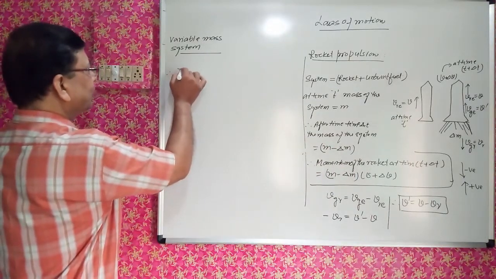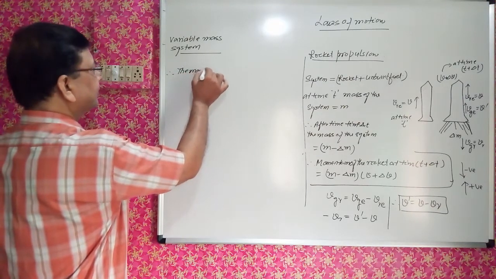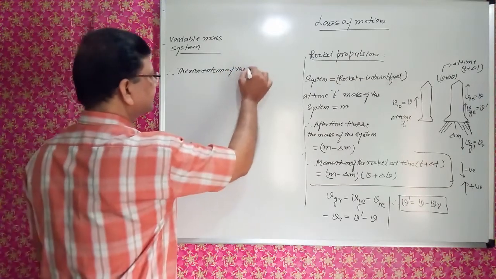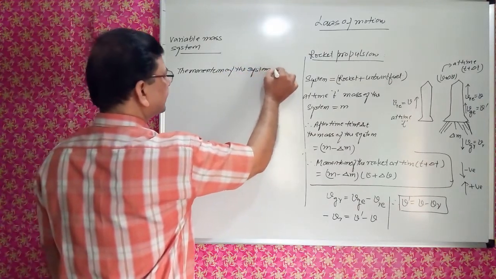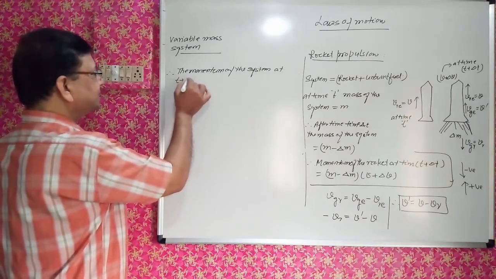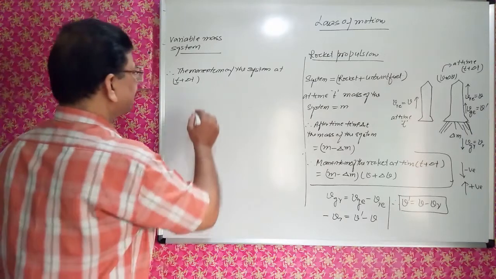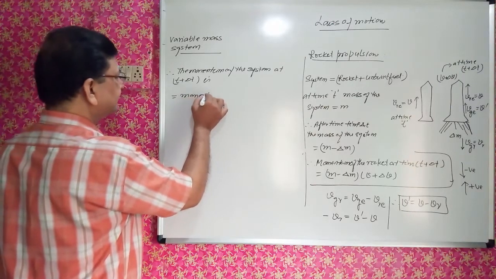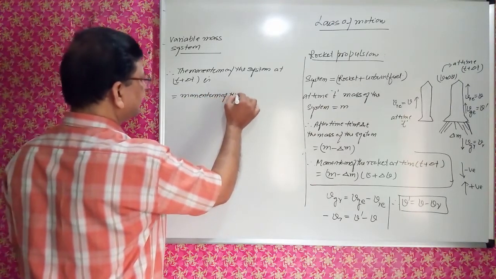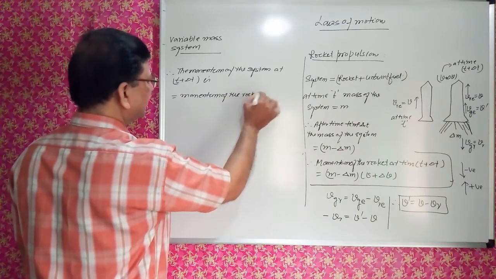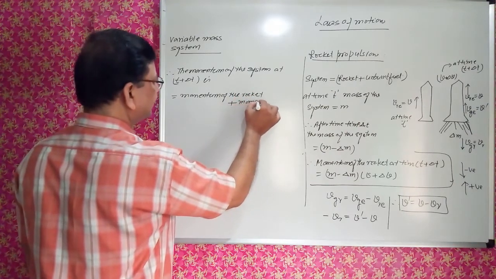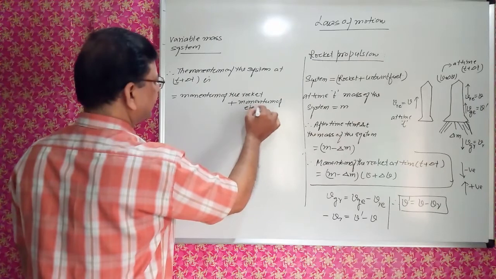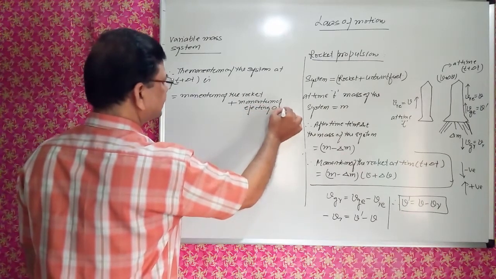Therefore, the momentum of the system at t plus delta t is equal to momentum of the rocket plus momentum of ejecting gas, right?